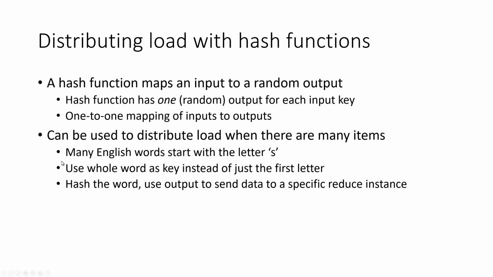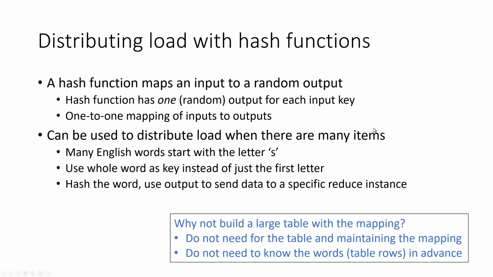So one thing we can do instead is use the whole word as a key instead of just the first letter. And then if we use the whole word as a key, we can hash the word, this will give us a number, and then we can use this number to identify which reduce instance should process that word. So even though English has many words with S, we would still distribute all words starting with S to different reduce instances, and no single reduce instance would receive more load than the other ones.